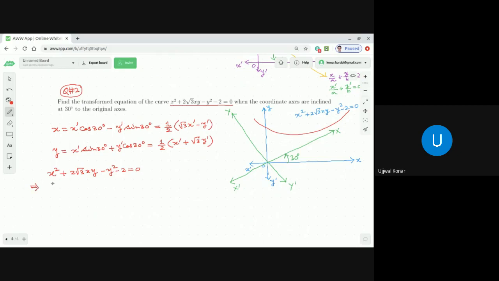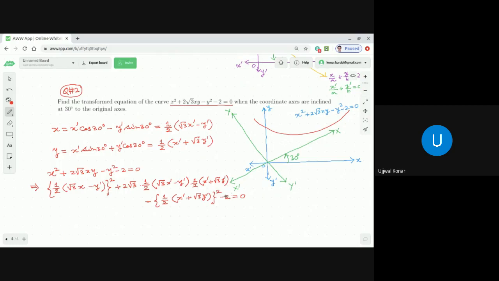So instead of x, we will write 1 by 2 into root 3 into x dash minus y dash, whole square, plus 2 into root 3 into 1 by 2 into root 3 into x dash minus y dash into 1 by 2 into x dash plus root 3 into y dash, minus y square, so minus 1 by 2 into x dash plus root 3 into y dash whole square, minus 2 is equal to 0. Correct or not?